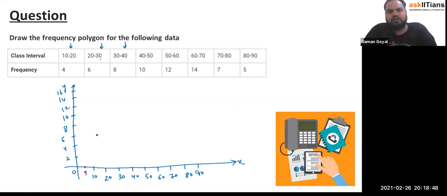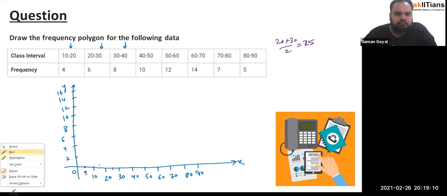The midpoint is 20 plus 30 divided by 2, which is 25, not 15, sorry. This is not 5, this is 4. Let me erase this. So we take this point, then for this point we take 6.